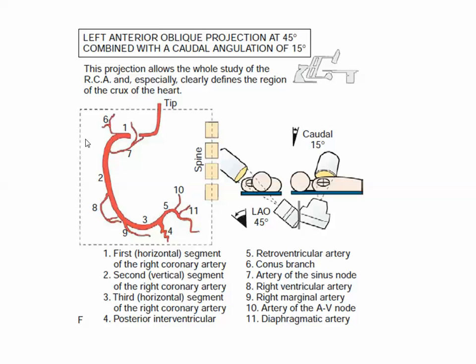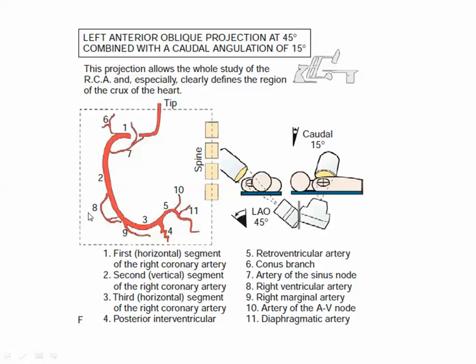What's this view? This is the spine. Yes, so it's LAO. Okay? The LAO is the head of the patient and the camera on the left of the head, so it's LAO. And the spine is in here. Is it cranial or caudal? The camera is going caudal. Okay, so it is caudal. So there will not be diaphragm. Okay.